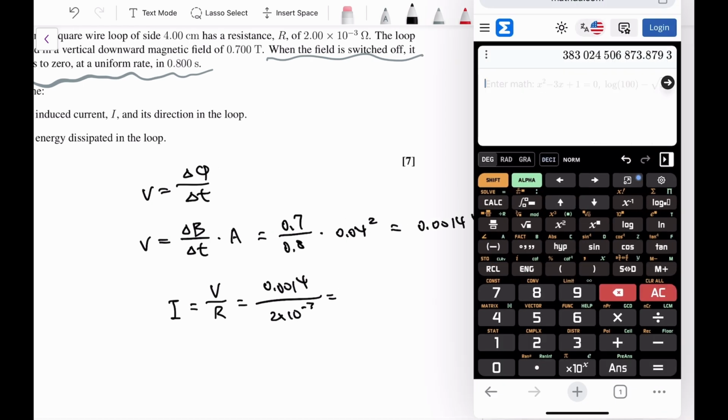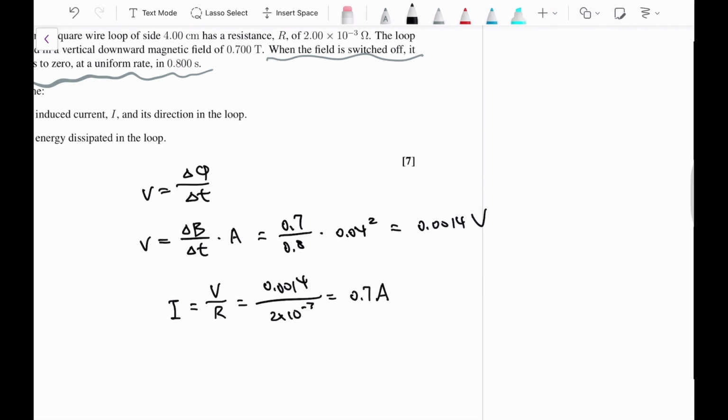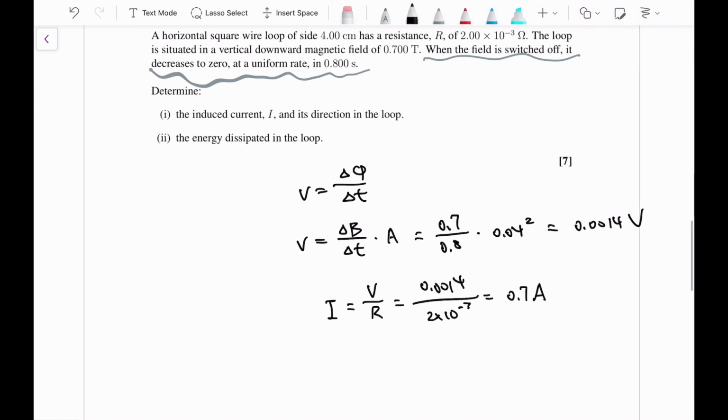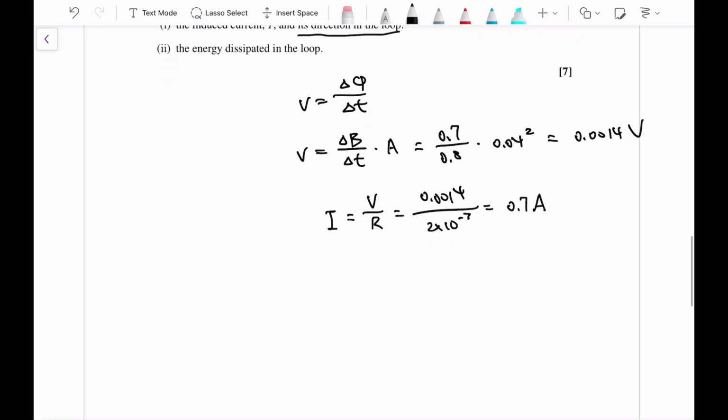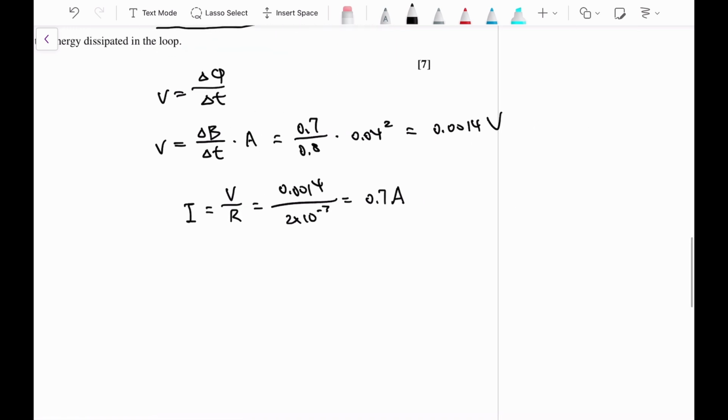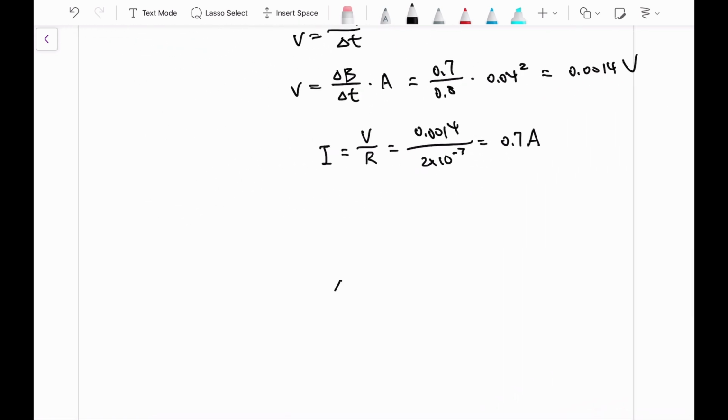Now the current will be just 0.0014 over 2 times 10 to the negative 3, 0.7 amperes. And then it also wants us to calculate the direction in the loop. So to express the direction, I'm going to draw a diagram. First of all, the loop is some kind of square, so it might look something like this in a three-dimensional view.